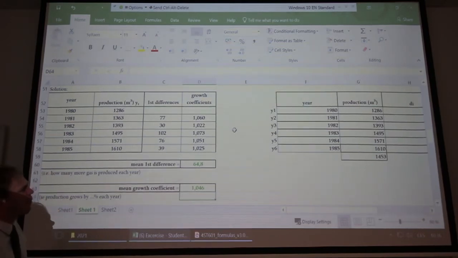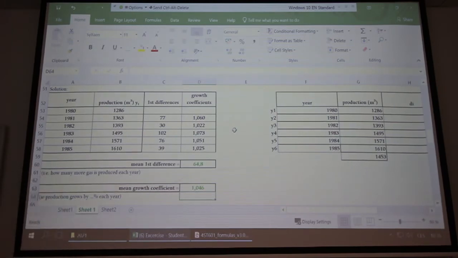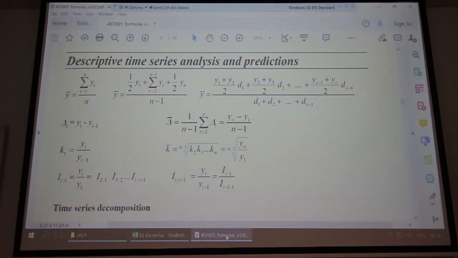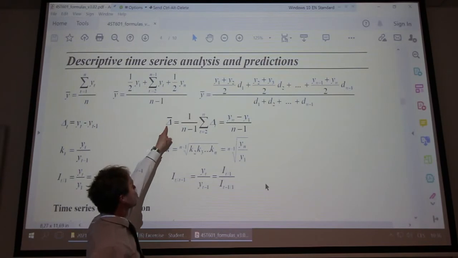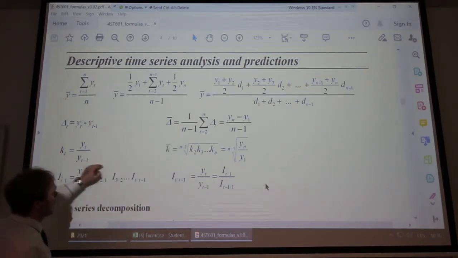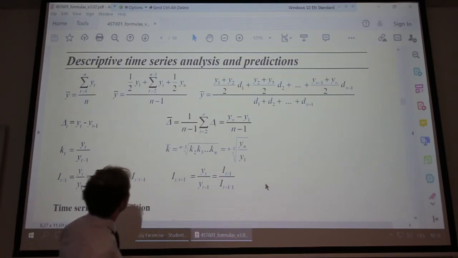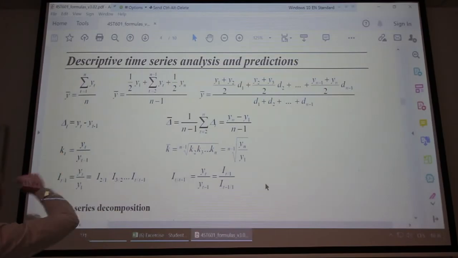Okay, we can calculate some simple average from this development. I will check the formulas which you have here. So I showed you this delta and this delta with stripe, this K and this K with stripe. And we have some averages here.